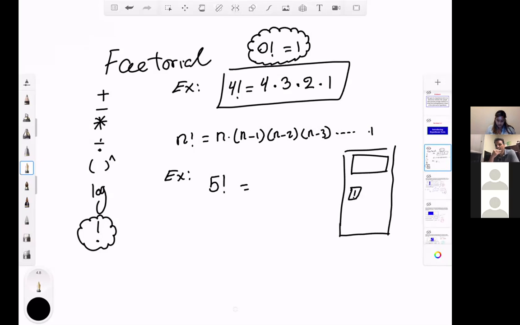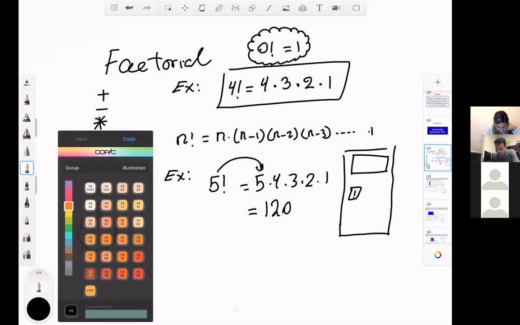You can use that as well. But the algebra part is, we get the same number, 5, you multiply by 4, then 3, then 2, then 1. What's the answer? 120. It's huge, right? Any question for factorial?